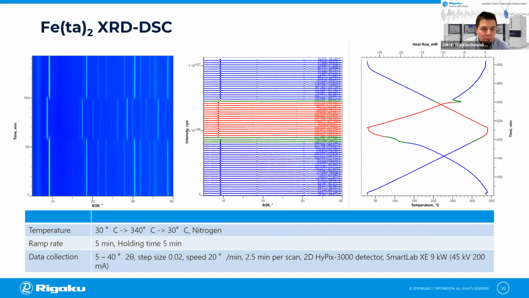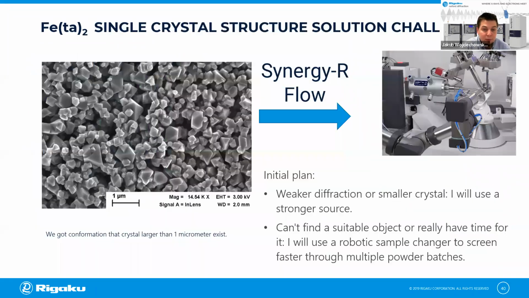And this is the example from this iron MOF, and you can see that the change is fully reversible and really nicely visible. It was 2.5 minutes per scan, 5 minutes of holding time, nitrogen as the atmosphere.